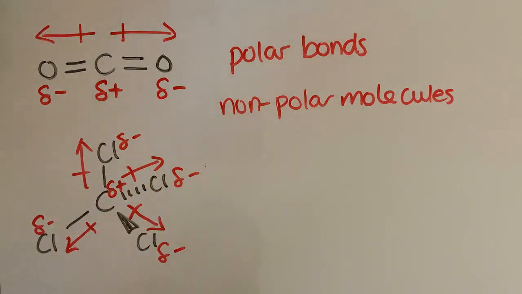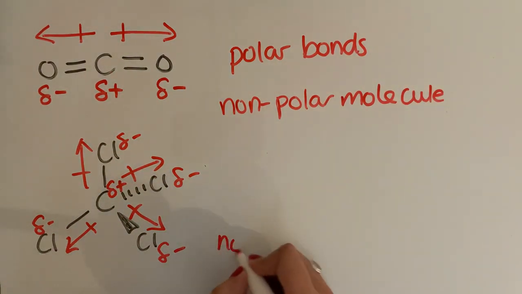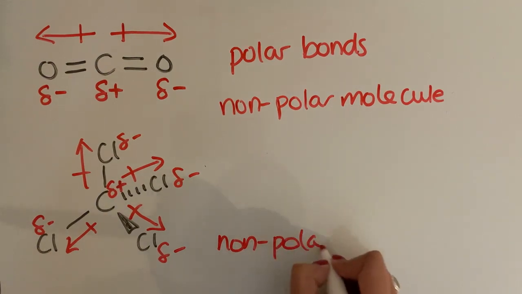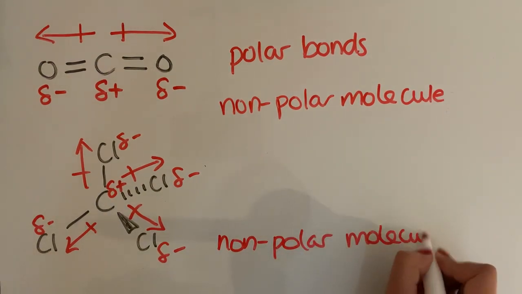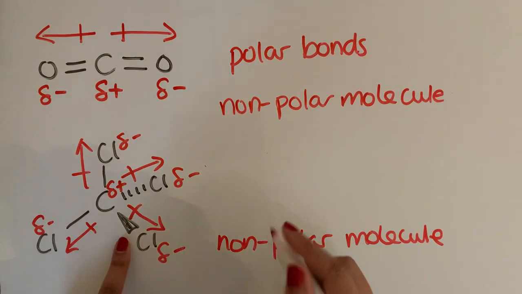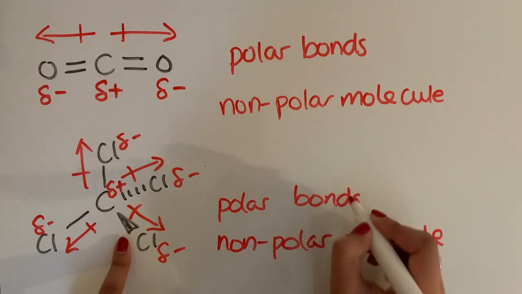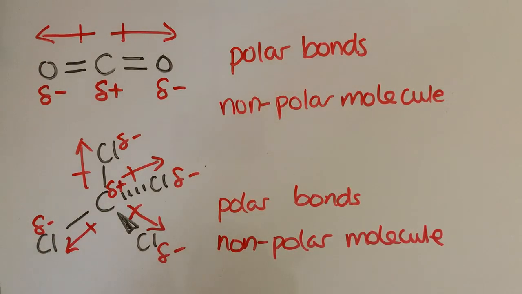Because they cancel out, that makes this overall molecule a non-polar molecule. So again, this one here is a non-polar molecule because the dipoles have cancelled out. It's also worth pointing out, it does still have polar bonds. So the bonds are polar, but the dipoles cancel out, overall making this a non-polar molecule.